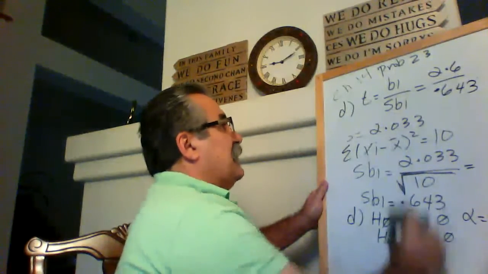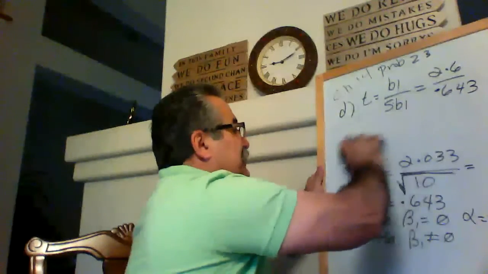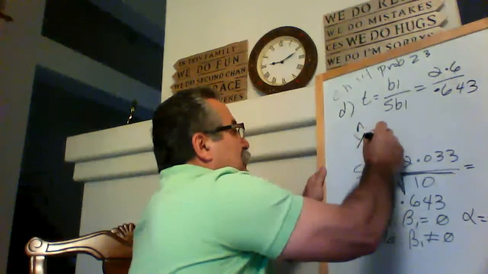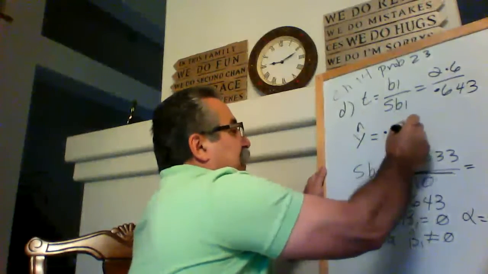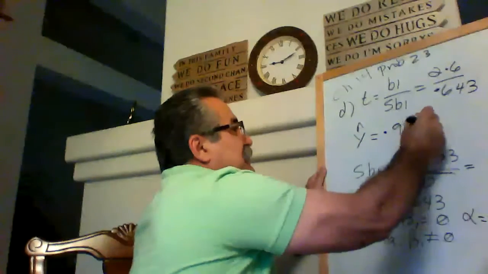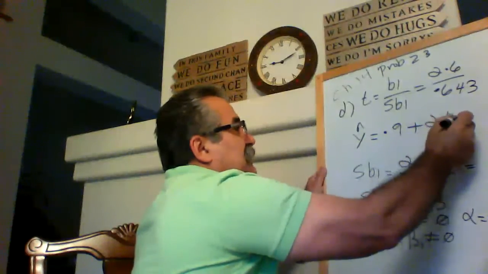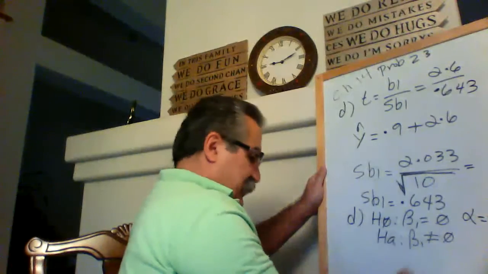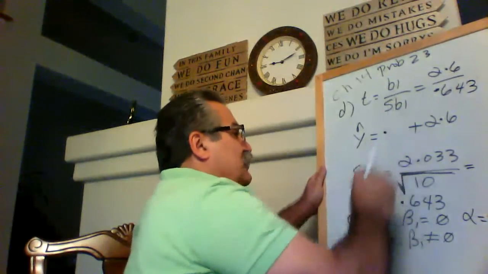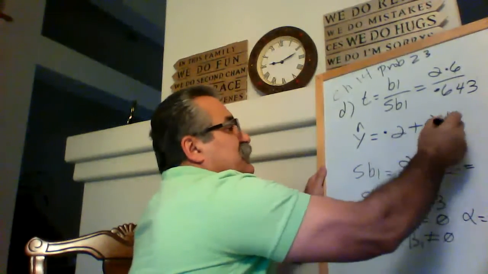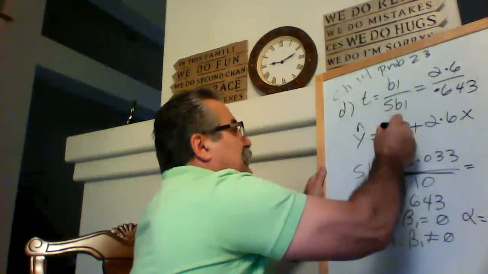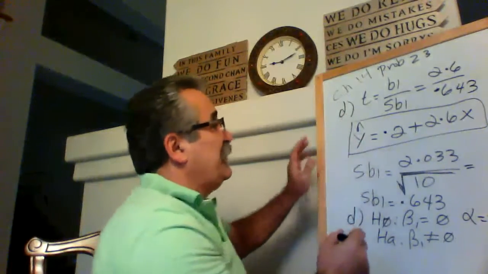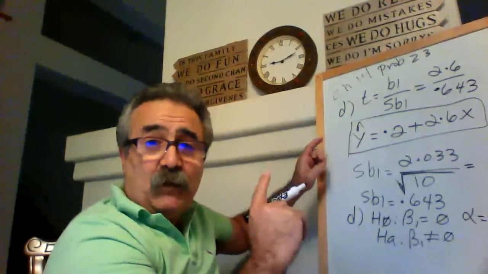Again, refreshing your memories about that 2.6: y hat is equal to 0.2 plus 2.6x. This is what we developed back in problem number 1.